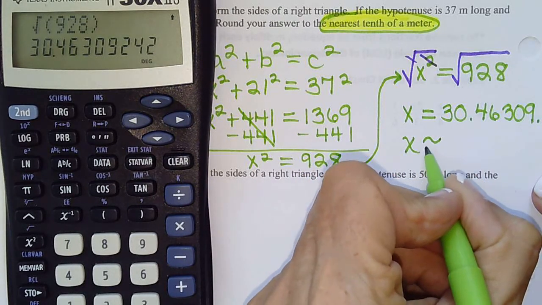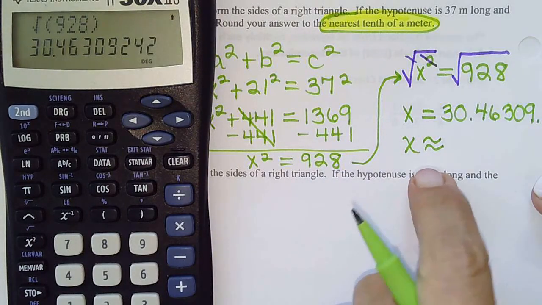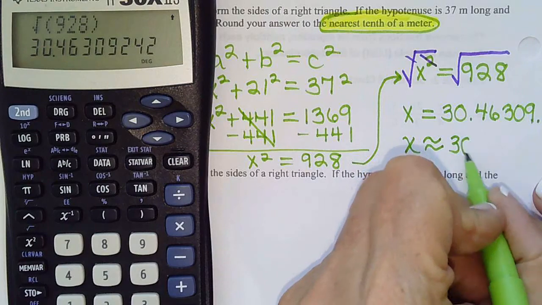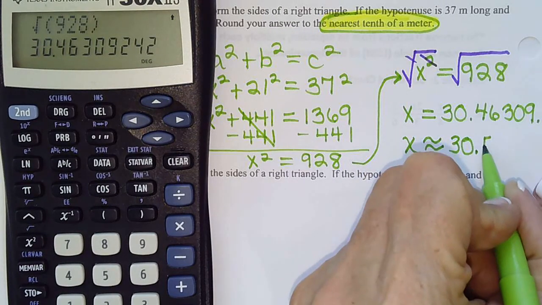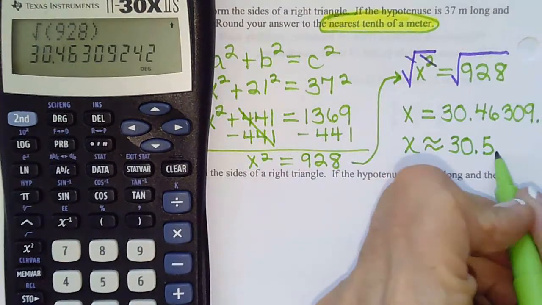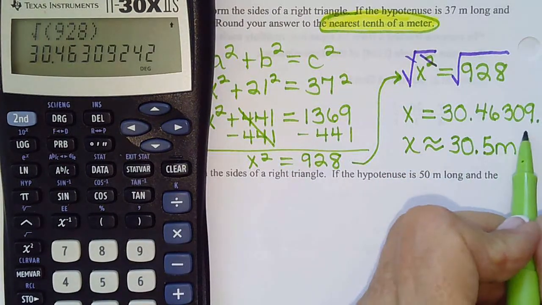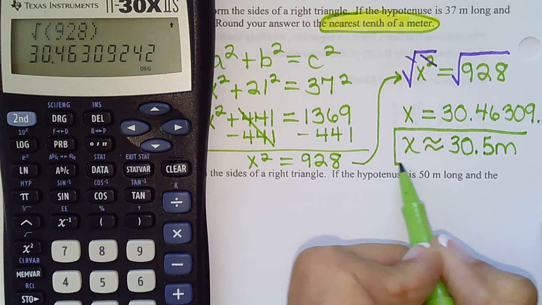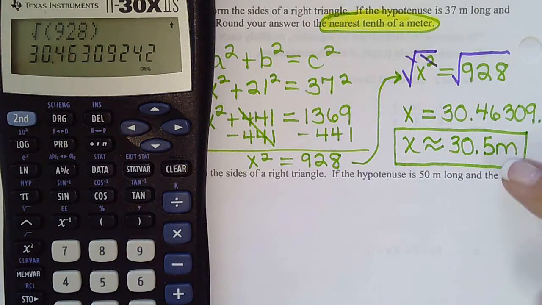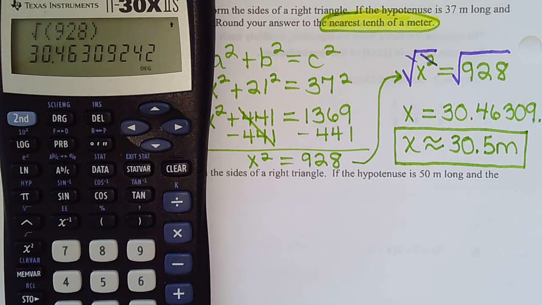And remember, the minute we round, we show the reader it's a rounded answer by putting the approximate symbol. So it's approximately 30.5, and then we see meters. So that's how tall the building is. So if they asked you to write a sentence about that, you would say the building is approximately 30.5 meters tall.